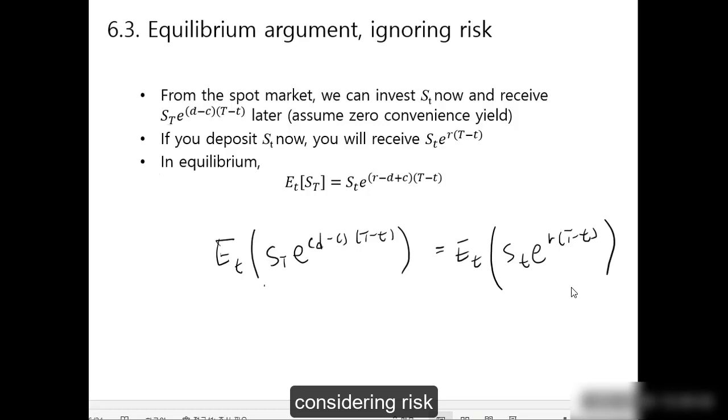So the expected value of the spot price must be greater than this number. That's the next thing we will say, that that's more likely. So if you consider the risk, then most likely the stock price or any other underlying asset price should go up faster than the right-hand side.